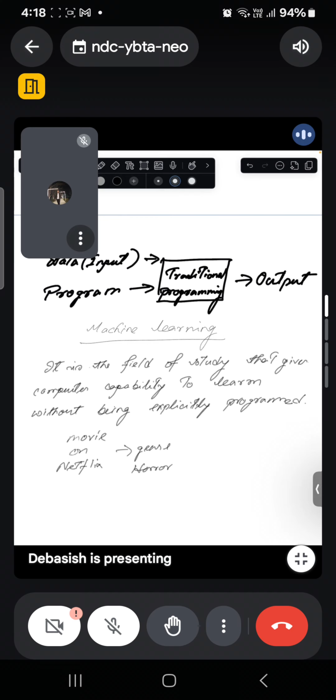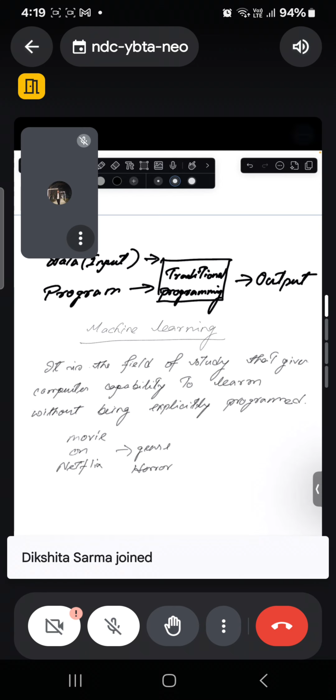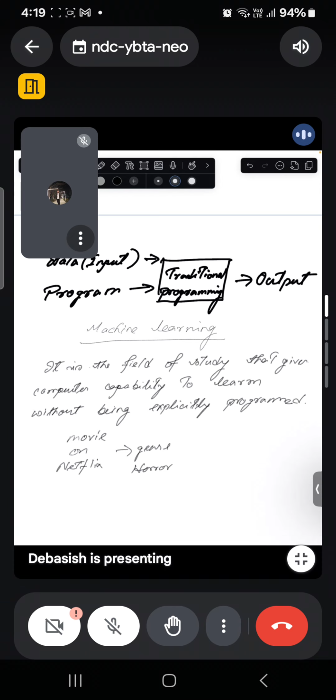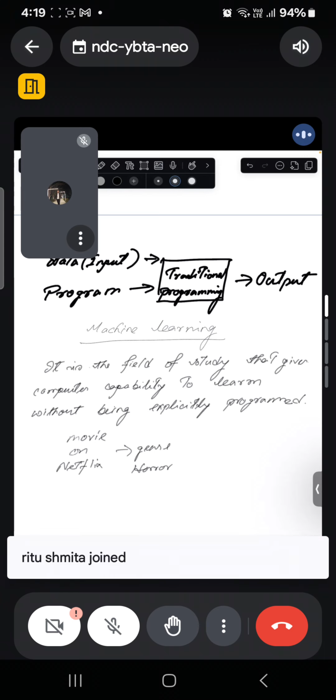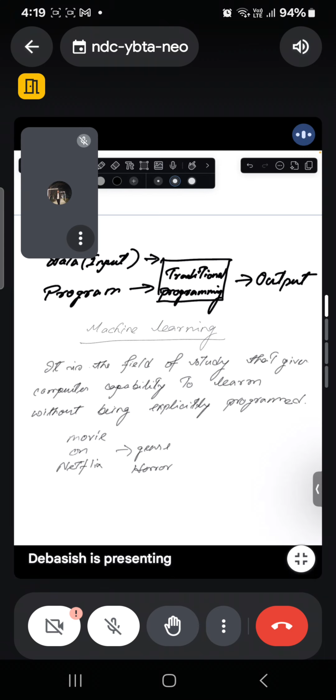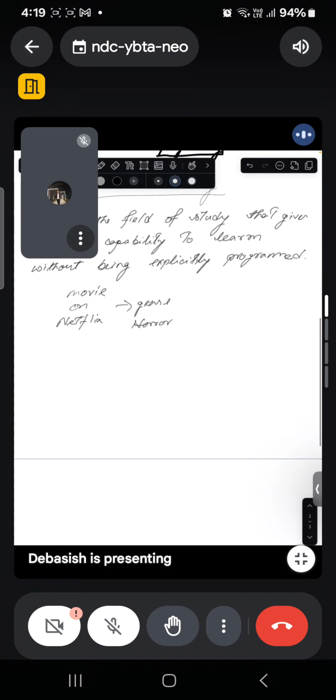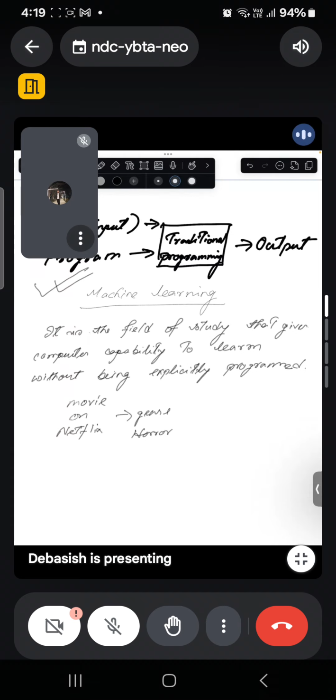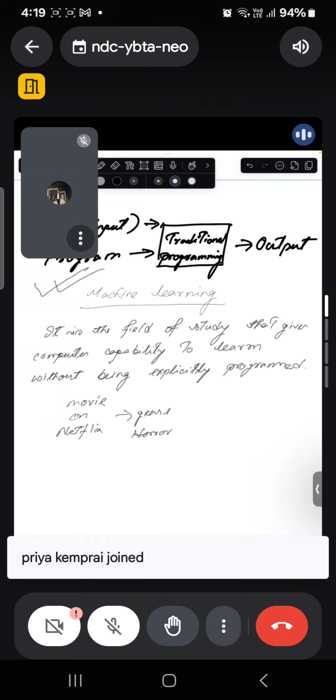They are taking some data: if a person watches a horror movie, it's very likely they will watch another horror movie. So they have programmed some algorithm, or you can say a model, behind the scenes that is able to tell whether he will watch a horror movie or another movie.